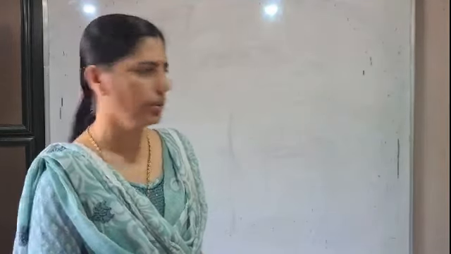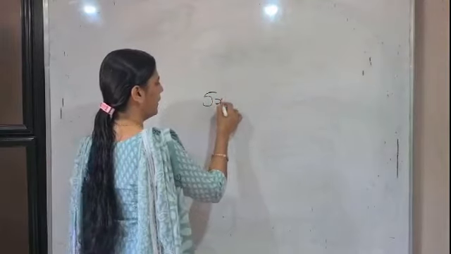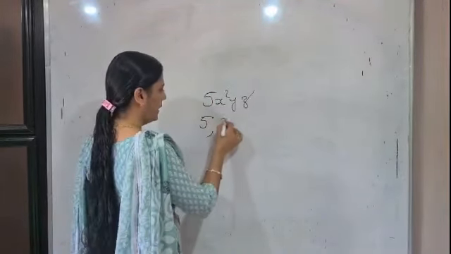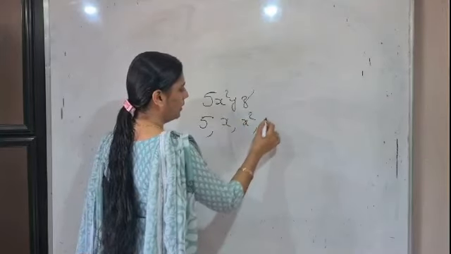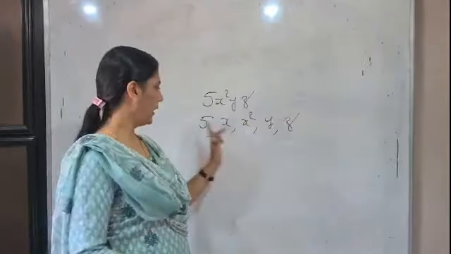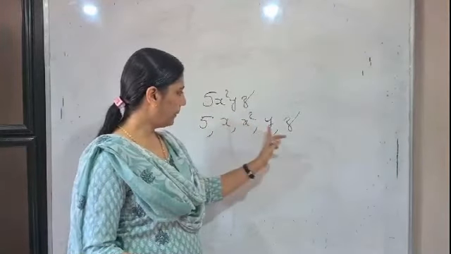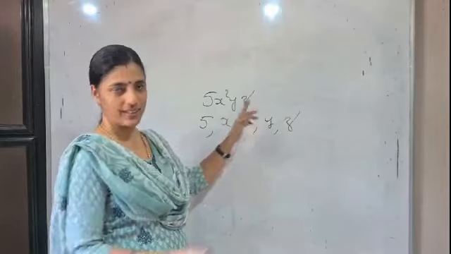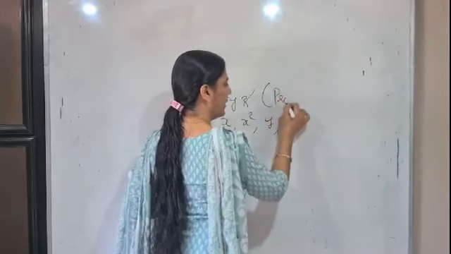Now factor, this is for your information. 5x square yz, what are the factors? 5x, x square, y, z. These are the factors. If you multiply these things, you get this one, the product.